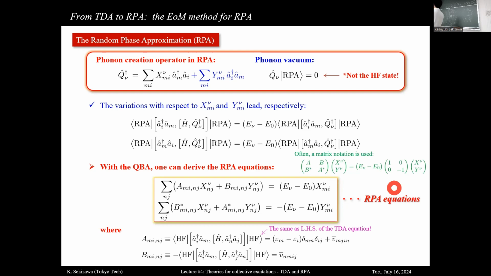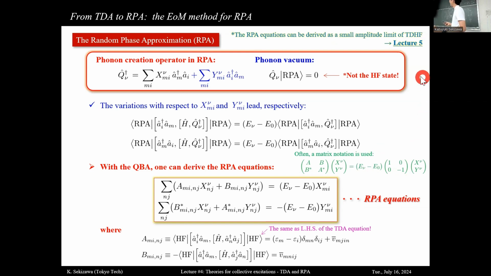By solving this equation, you can determine the backward and forward amplitudes X and Y. And by having the X and Y amplitudes, you can get the RPA phonon operator, and also the excitation energy, and so on. So this is the RPA equation.